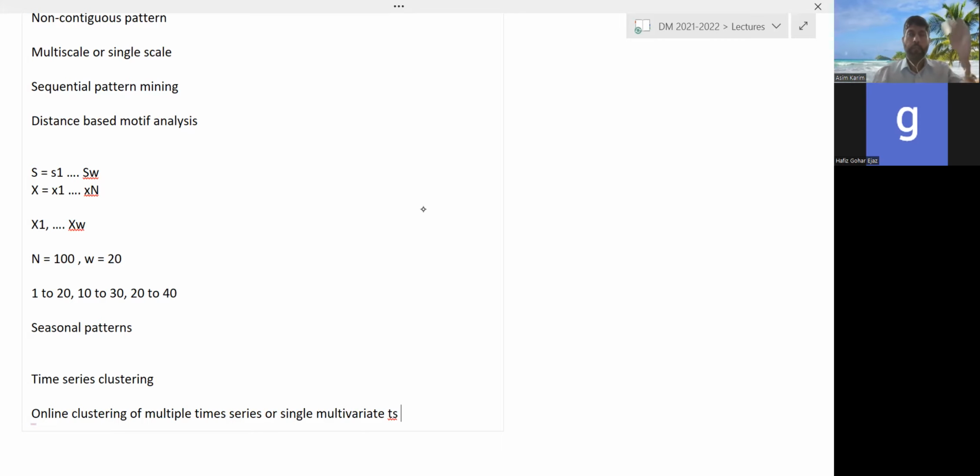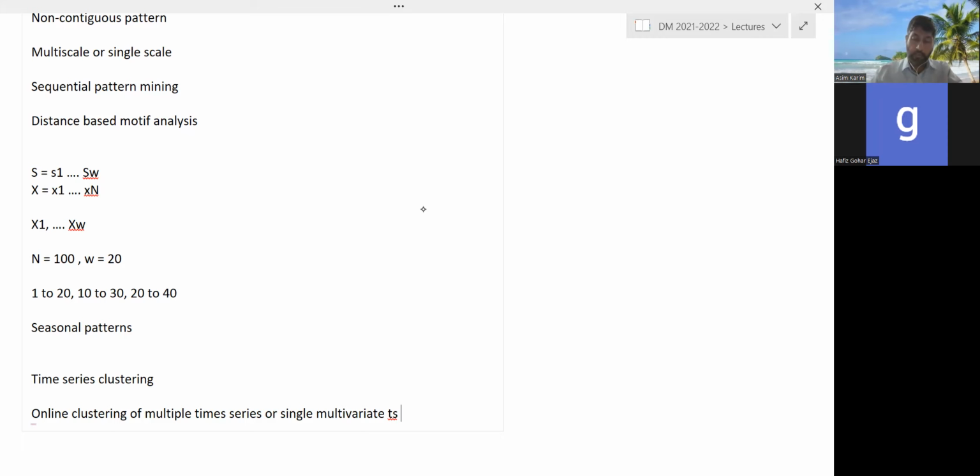Okay, so let's say you have temperature recordings for 30 positions in DHA. You can combine all those into one time series with 30 values, or you can also consider them to be 30 different time series. So it's the same thing. Okay. So in this setting or scenario, we are trying to cluster them as the data comes in.